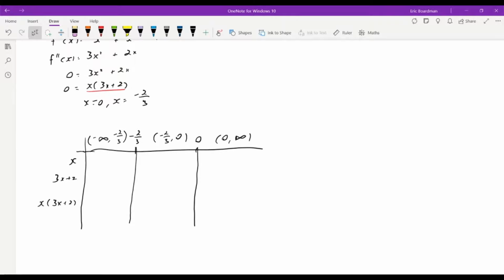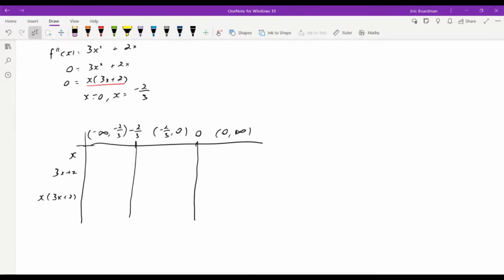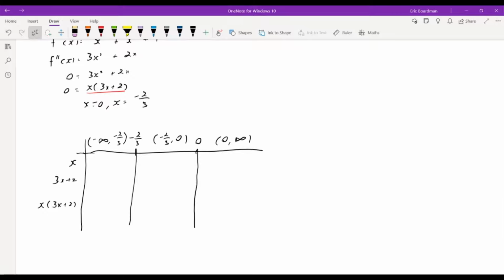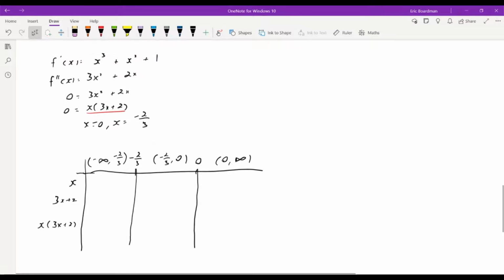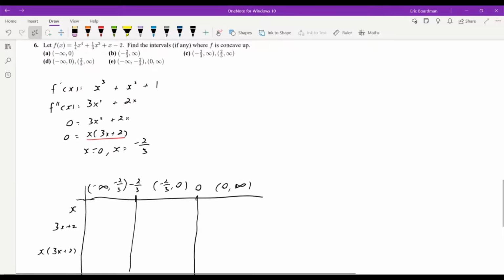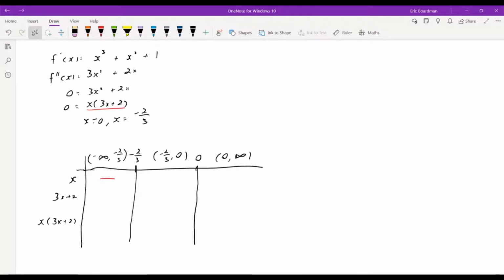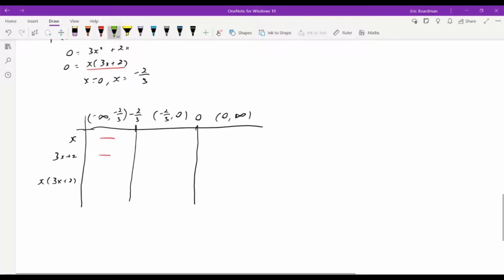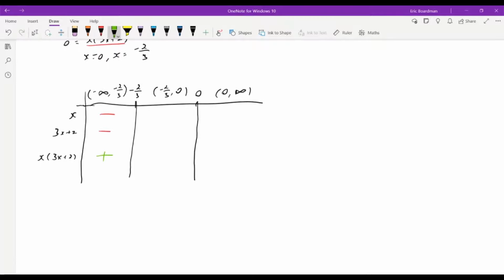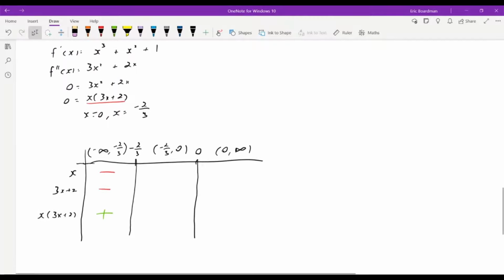If you want, you can just put in a value that's less than -2/3 and then check. So if I put in a -1, I can see that x is going to be negative. And then 3x plus 2, that's -3 plus 2, so that's also going to be negative. And a negative times a negative is a positive. So the entire second derivative will be positive there.